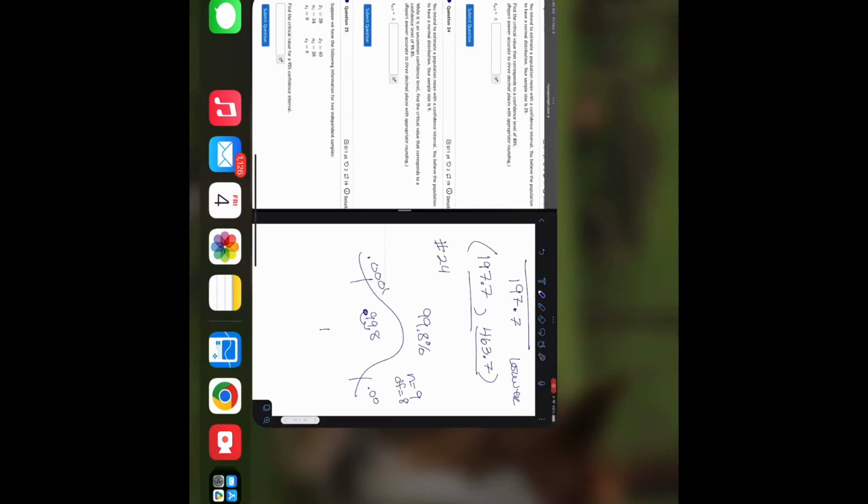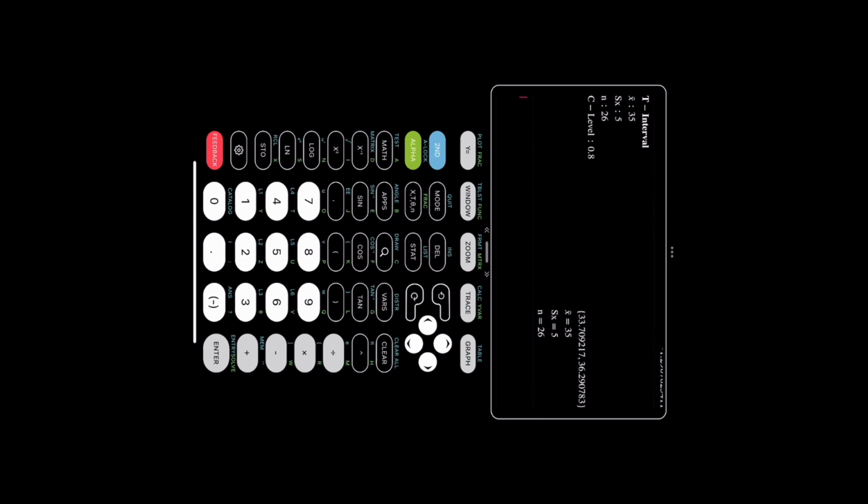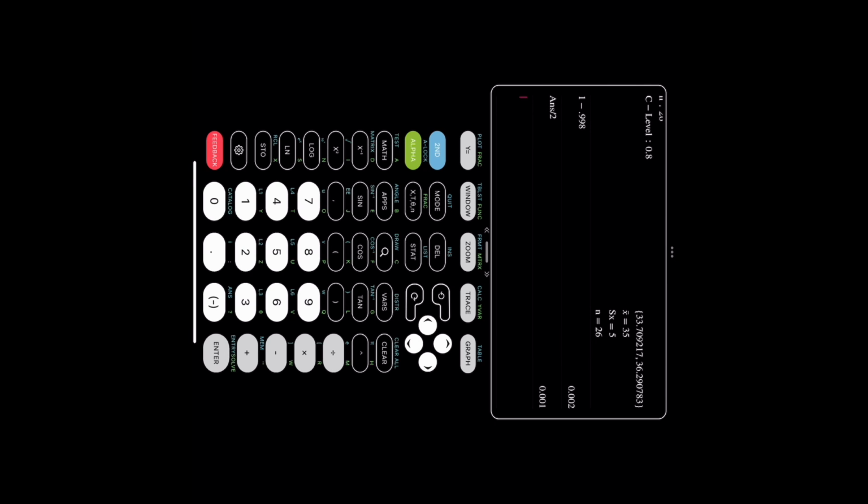So 0.001 over here, and, is that right? Let's see. I'm going to do this on my calculator so I don't mess up this math. 1 minus 0.998, enter, and divide it by 2, 0.001.